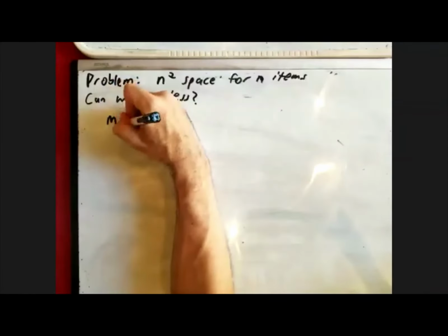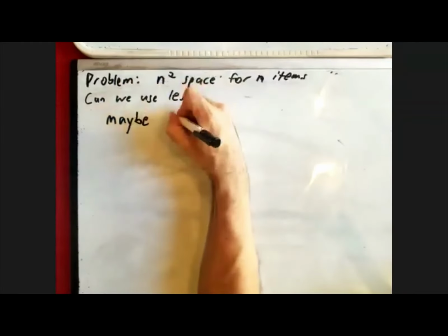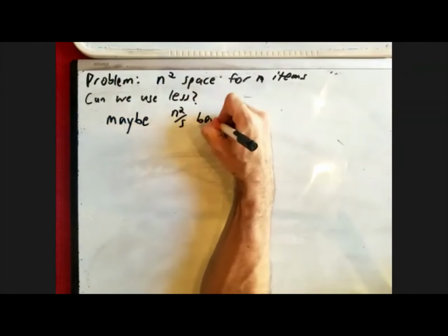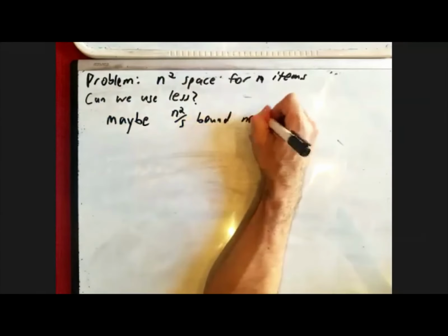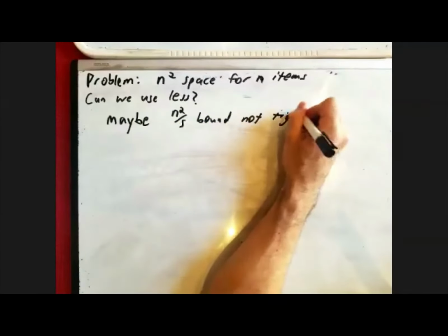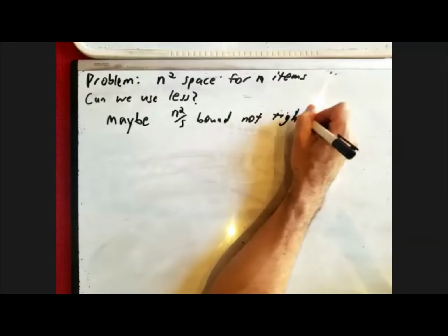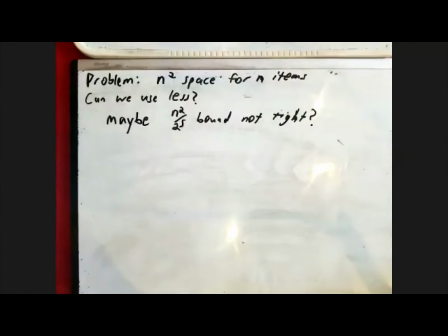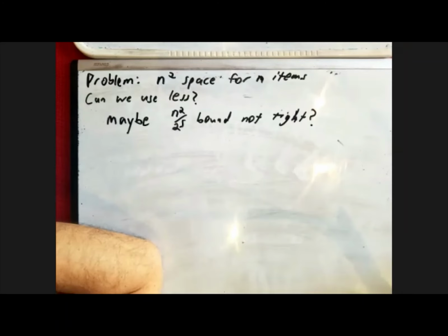Maybe this bound that we had of n squared over s was not tight. Or let's say n squared, it was actually n squared over 2s, right? So might it be possible to prove a better bound and show that we have a good chance of being perfect even with a smaller table?